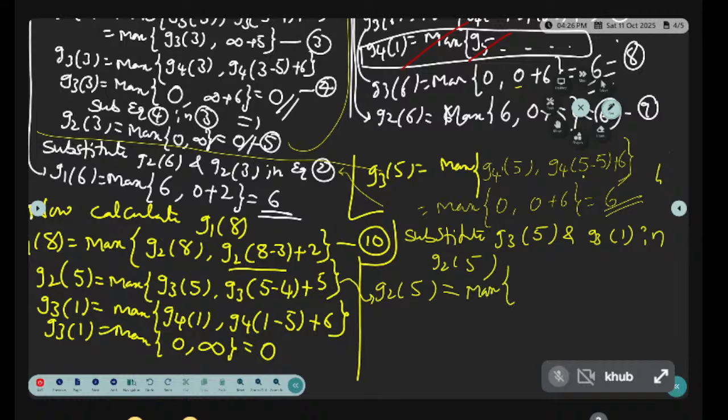What is G3 of 5? 6 comma G3 of 1. G3 of 1 is 0 plus 5, which is equal to 6. G2 of 5, okay. Then G2 of 8. Calculate G2 of 8 up to this.